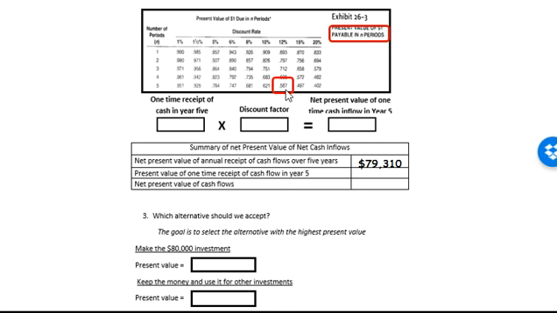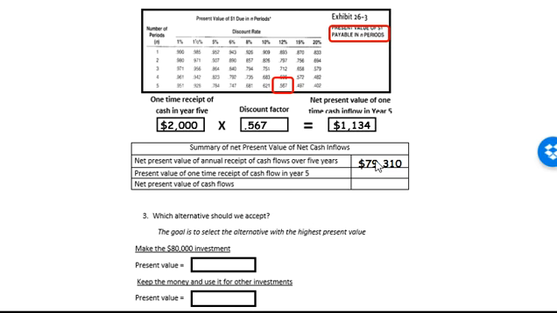So that discount factor will be 0.567. So now we take the $2,000 cash we're going to receive in year number 5, multiply that times our discount factor, 0.567, and that's going to come out to $1,134.